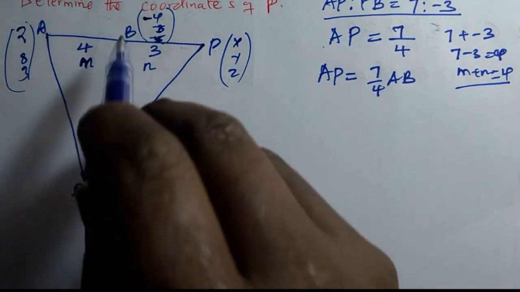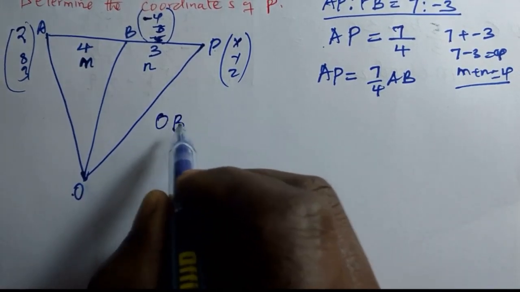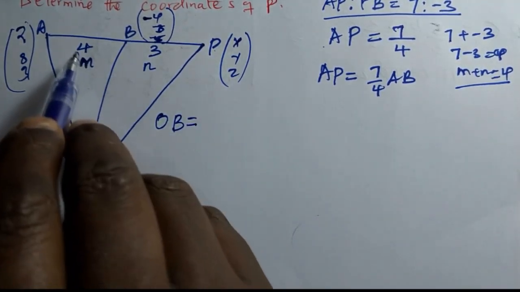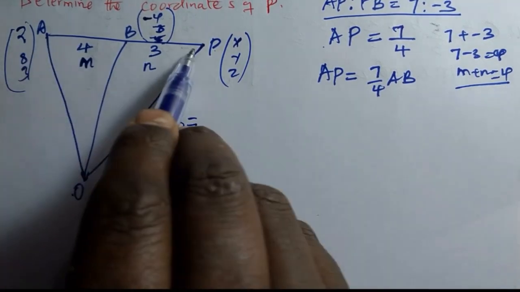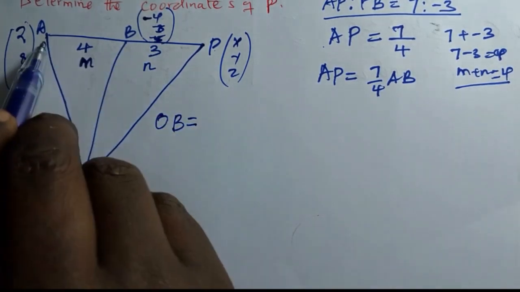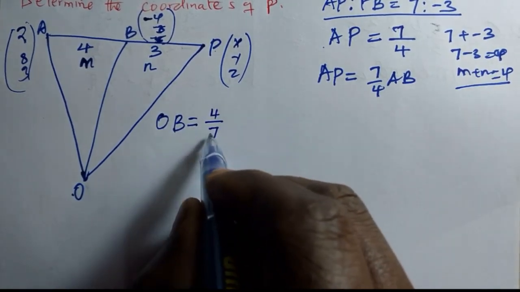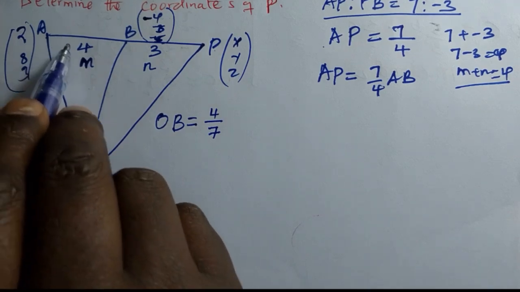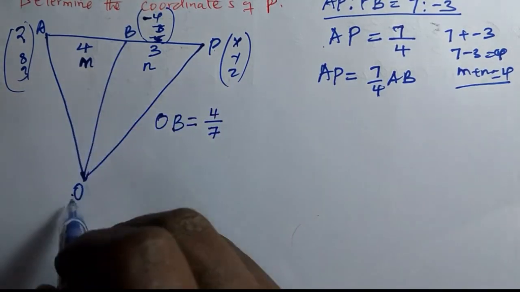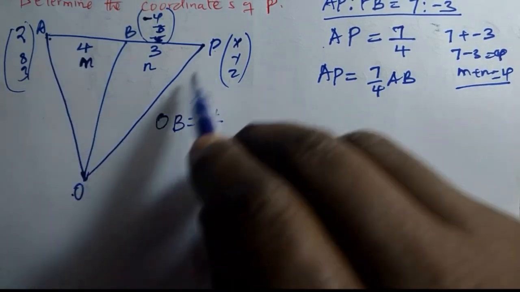How do we get OP? OP, using the ratio theorem, is equal to, using the ratios, 4 over the total 7, which is 4 over 7 OB.